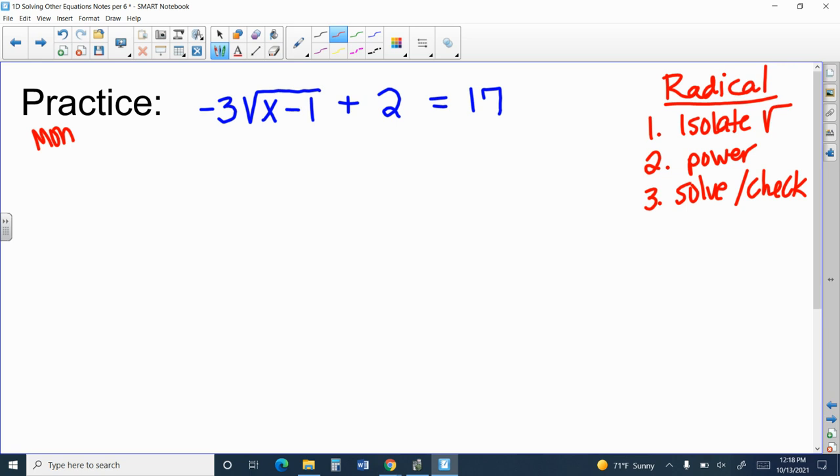Yeah, -15 plus 2. We'll go over the checking part. So this side, when you simplify all this, is -13, and this side is 17. Is that a true equation? No. That means it doesn't work.